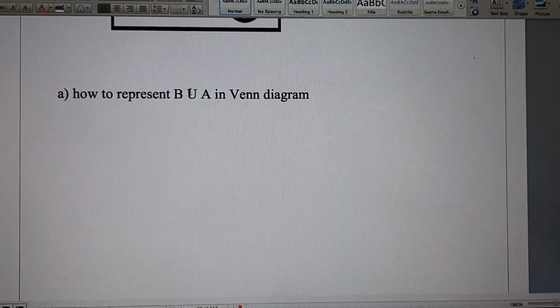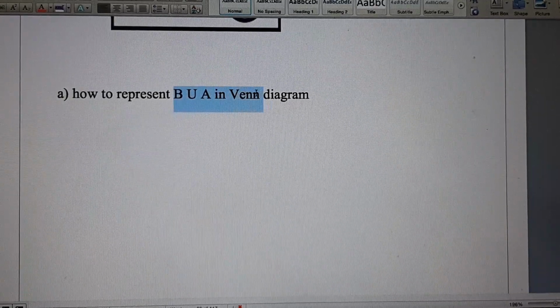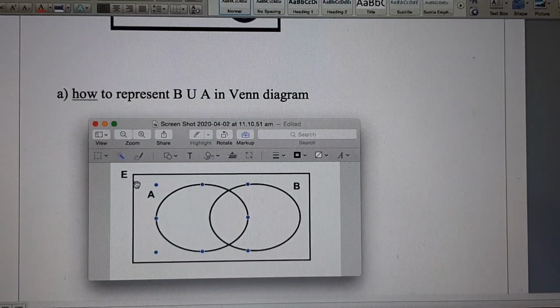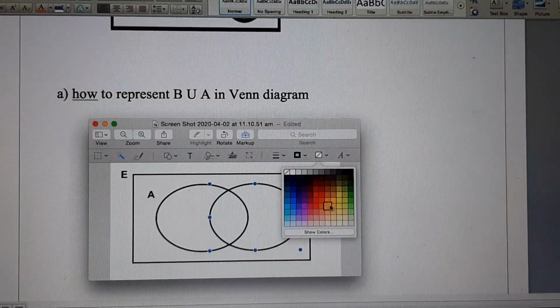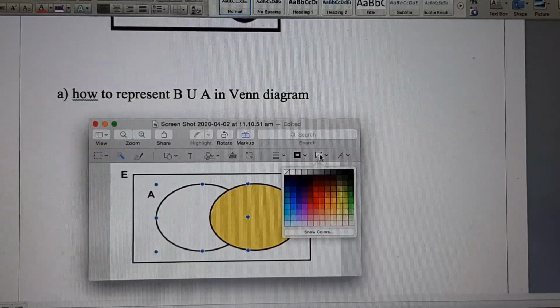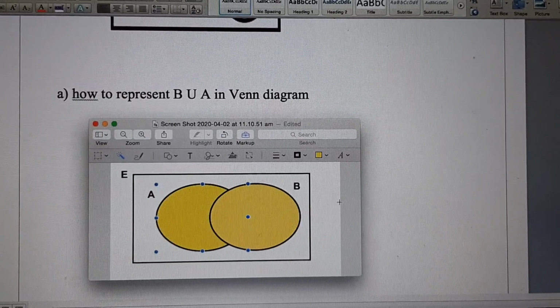Similarly, you can represent B union A in a Venn diagram, like here. If you want to shade B union A, first of all shade B like this, and in union you will completely shade A as well.